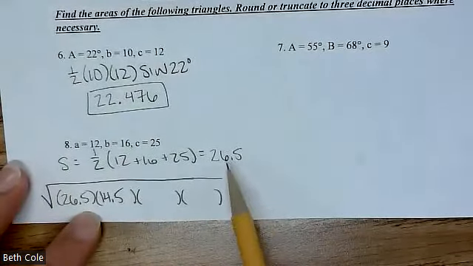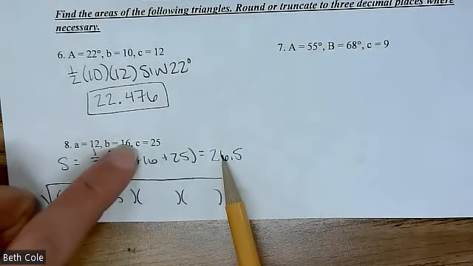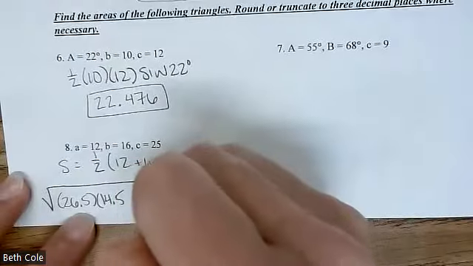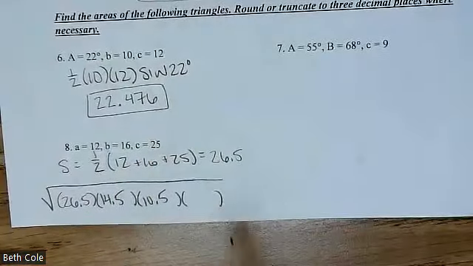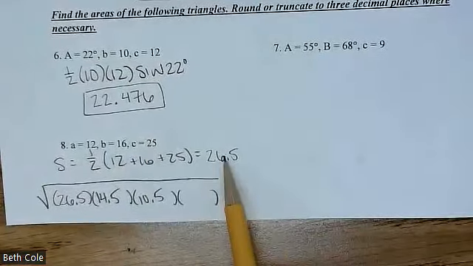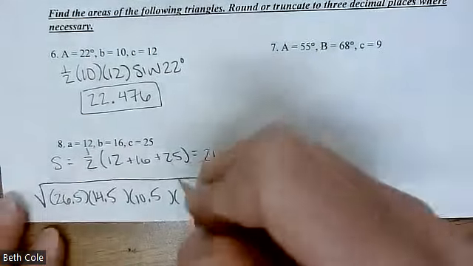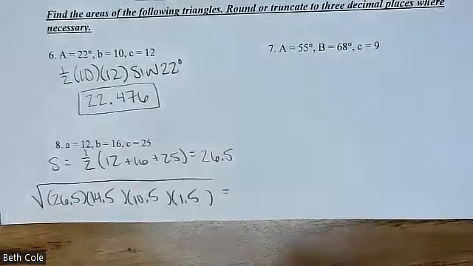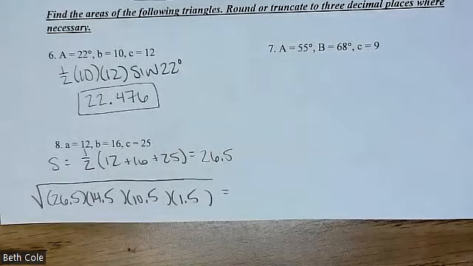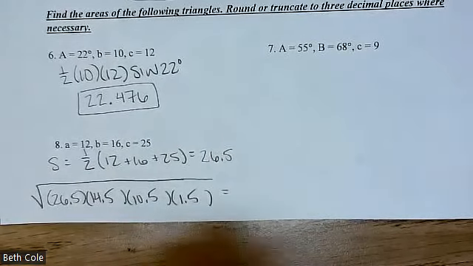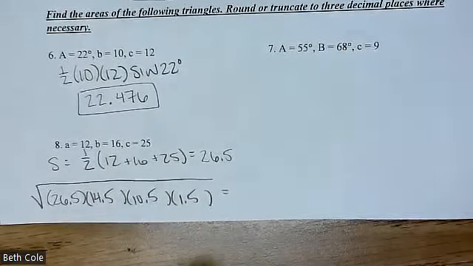In the next one, it would be 26.5 minus 16, which would be 10.5. And in the last one, it would be 26.5 minus 25, which would be 1.5. Now you're going to put that whole thing into the calculator and it'll give you your answer, which again is the area of the triangle.